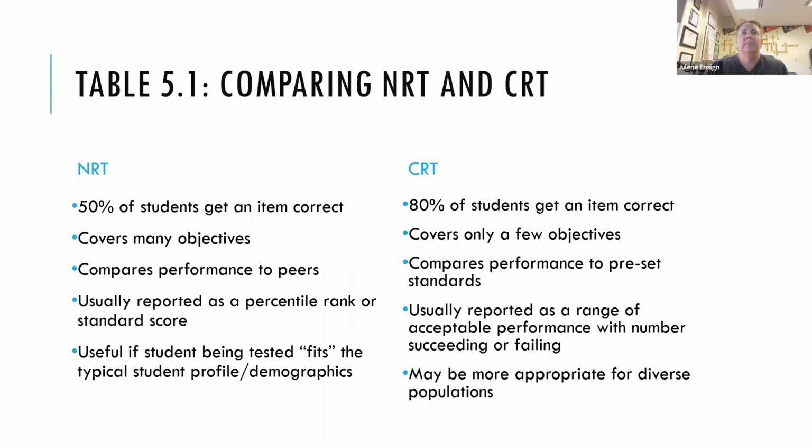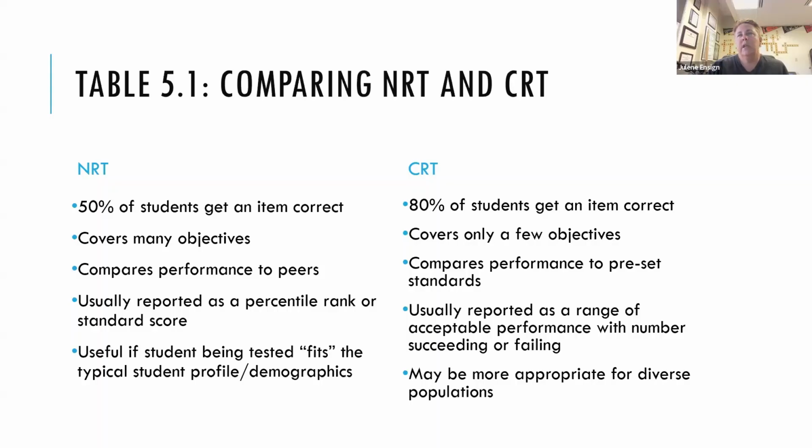So back to this, a comparison of the two. With the norm referenced test, 50% of the students get an item correct. With criterion referenced, maybe the benchmark is that 80% of students get an item correct. There are a lot of objectives on the norm referenced side. Usually the criterion referenced only has a few objectives to be met. Norm referenced compares performance to peers.